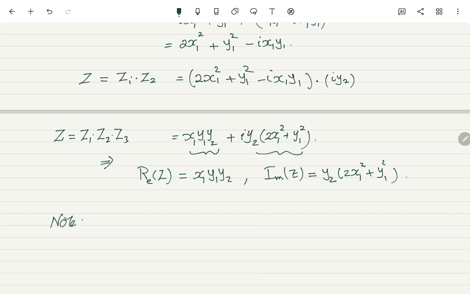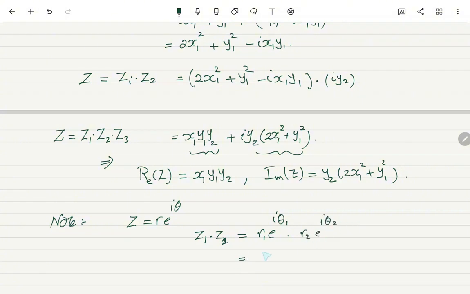Note, if we use the polar form z equals r e to the i theta, we will see that the magnitude of the product of two complex numbers is equal to the product of the magnitudes of the complex numbers. Therefore, z1 times z2 equals r1 e to the i theta 1 times r2 e to the i theta 2.